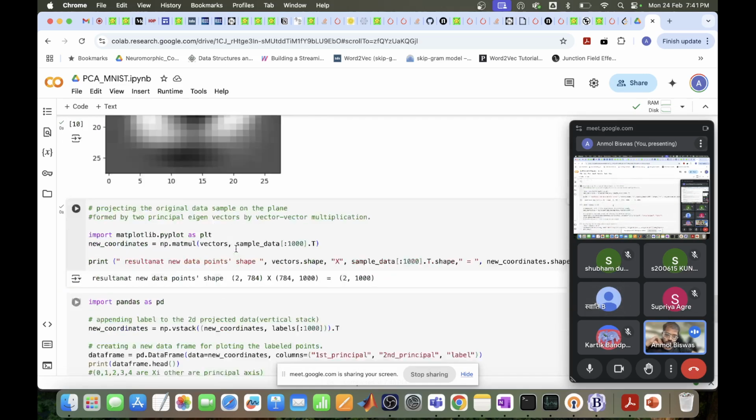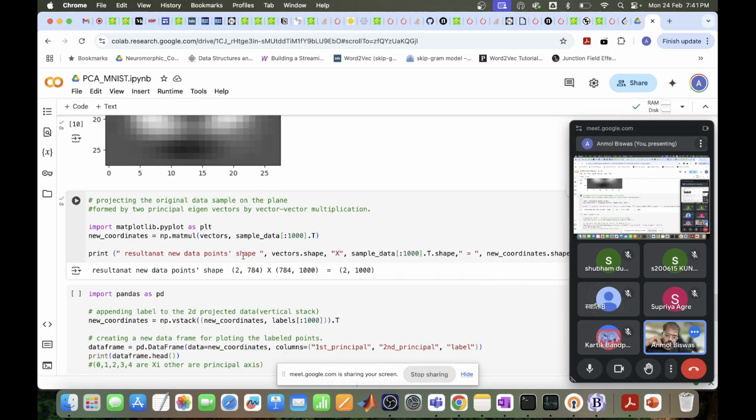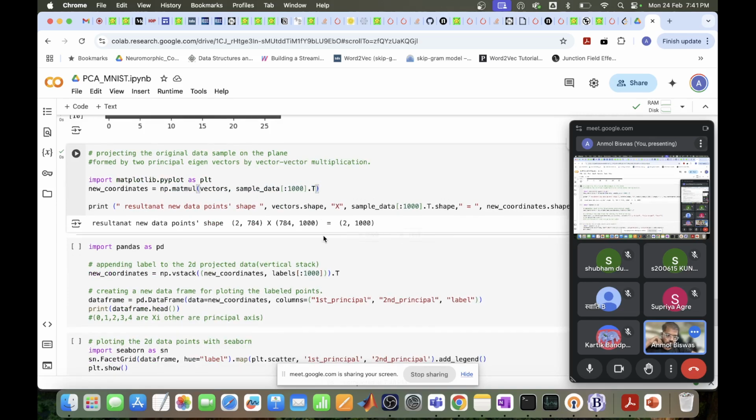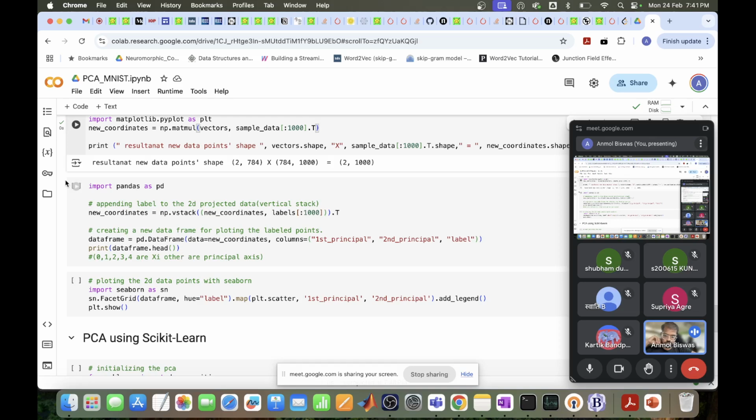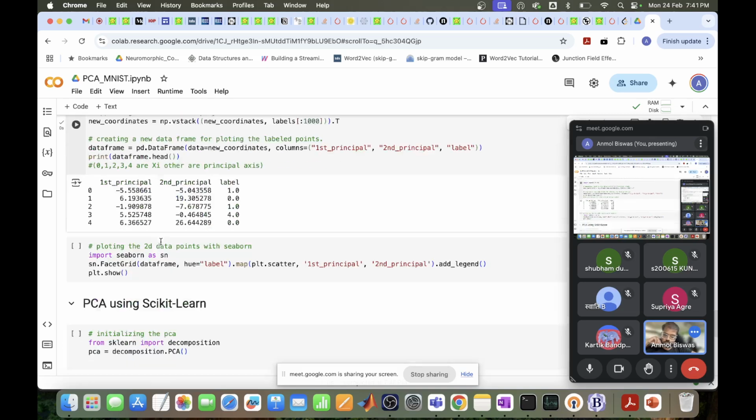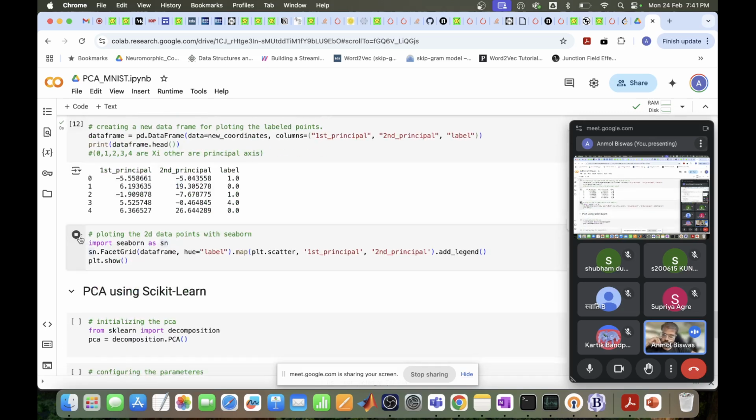So we have picked two eigenvectors and we are taking the projections of our data along them. That's why we do this matmul. This will generate the projection of the samples along these two eigenvectors, and then we can plot them over here.